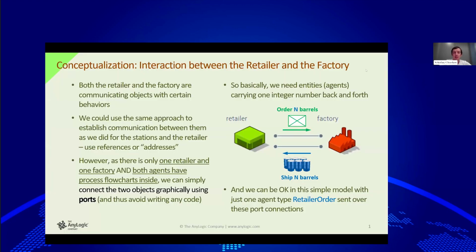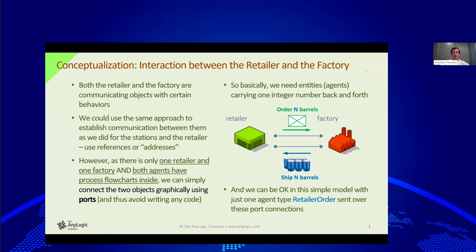In this slide, at the current step, we have a retailer who runs out of stock, so we need to replenish it. We'll be creating a factory in our model, and we need to set up some communication between them. We could use the same approach as Yulia did for communication between oil change stations and the retailer, using these parameters.